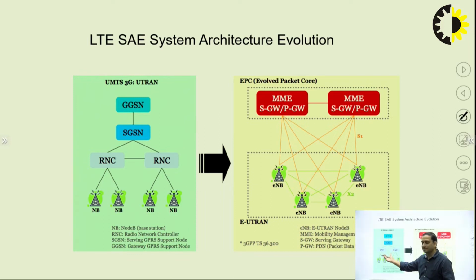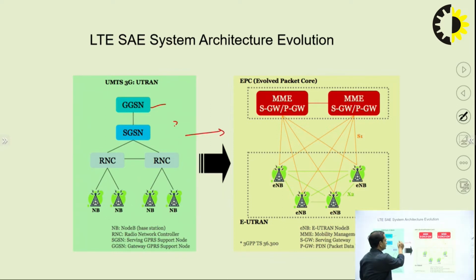In that, the RNCs are there, radio network controllers, and you can see the node Bs and the RNC connecting to the SGSN, that is the serving GPRS support node, and the GGSN, the gateway GPRS support node. I will discuss all these things in the UMTS 3G network, but I am interested right now in the LTE system.